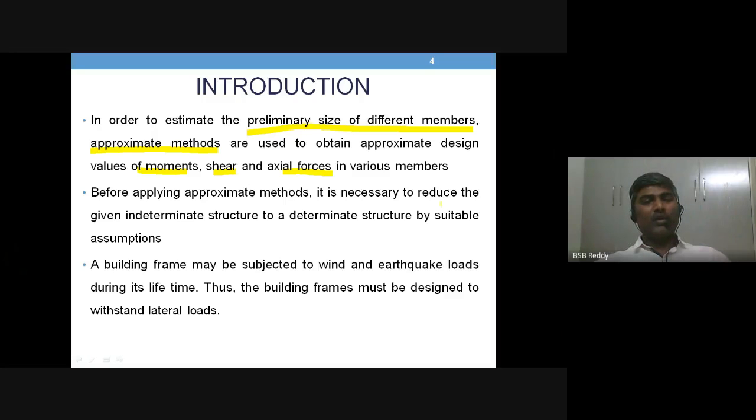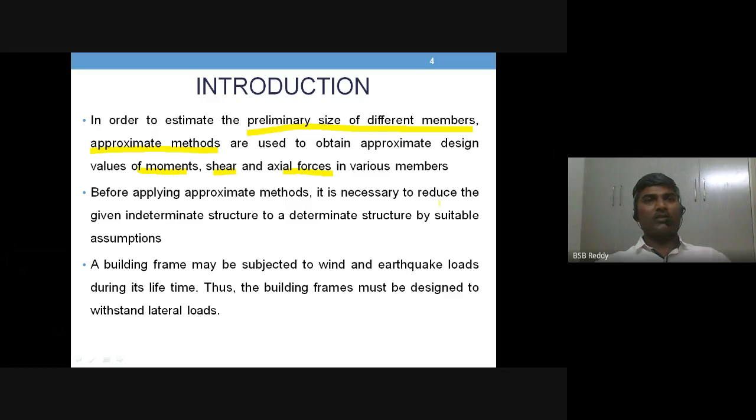One, to arrive at the exact size of the member, first to analyze the structure we need to assign some preliminary, approximate size. The second is, at the planning stage you are going to quote the project.